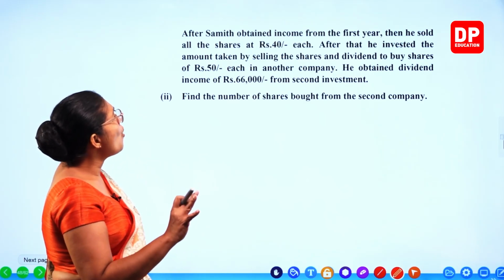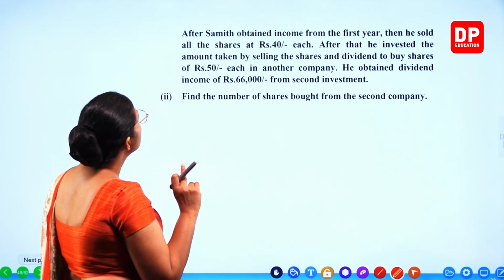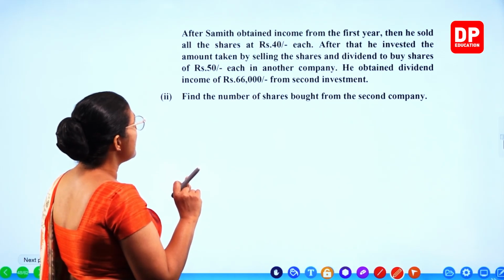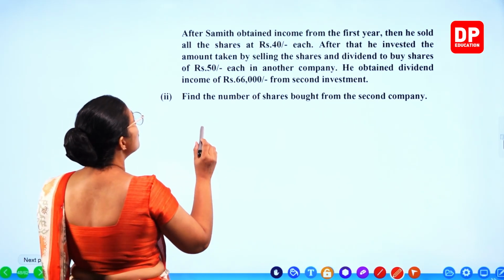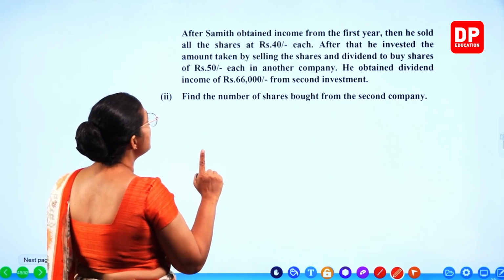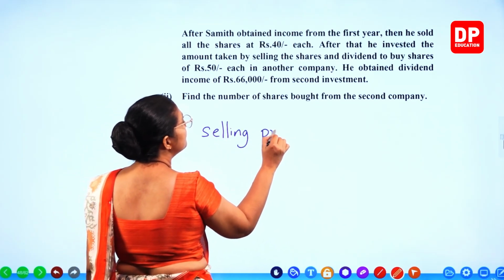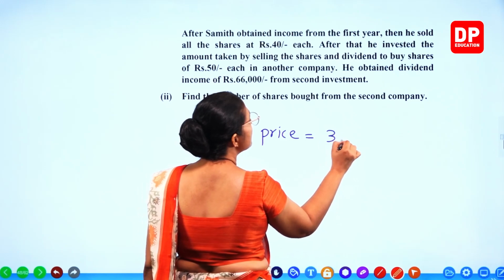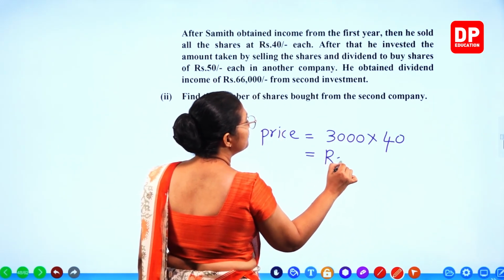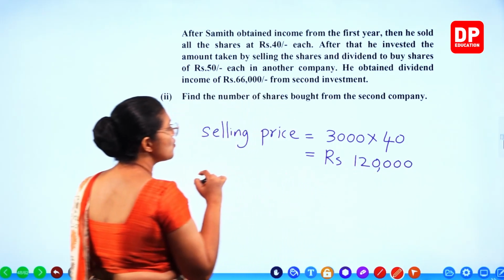So what is the total amount he got from selling all shares? 3,000 shares are there. So 3,000 into 40 is the selling price. 3,000 shares into 40 each, that's 120,000 rupees.